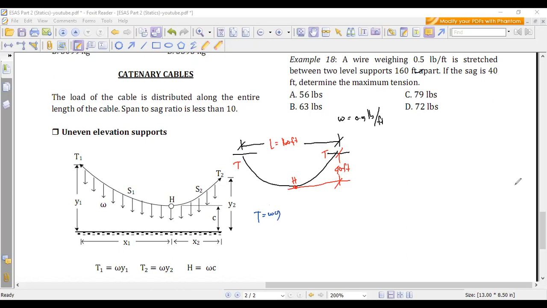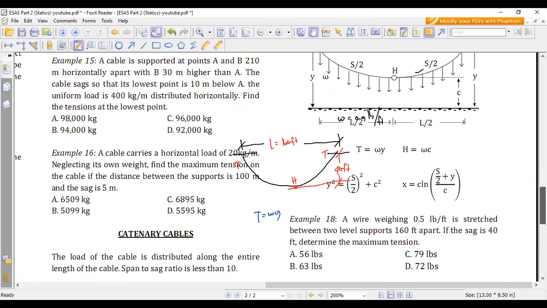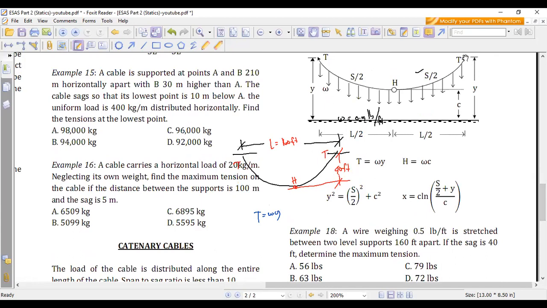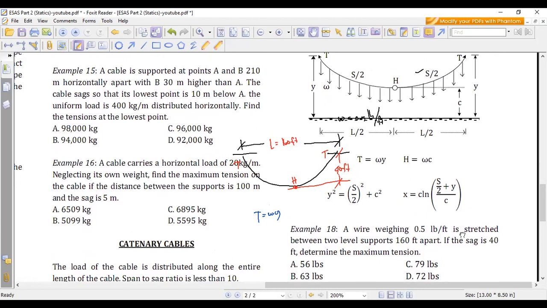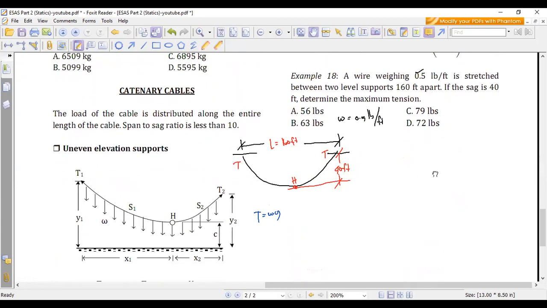T is equal to omega Y, but are we given Y? Let's take a look at the diagram. Y is the distance between the end and the level ground. We're not given Y, and we're not given C either.